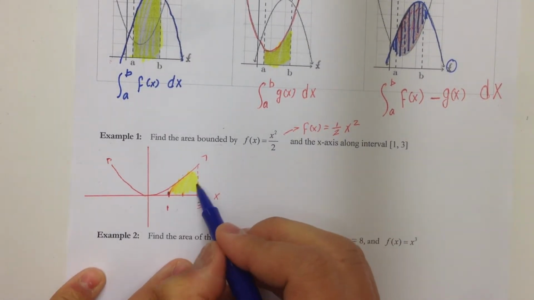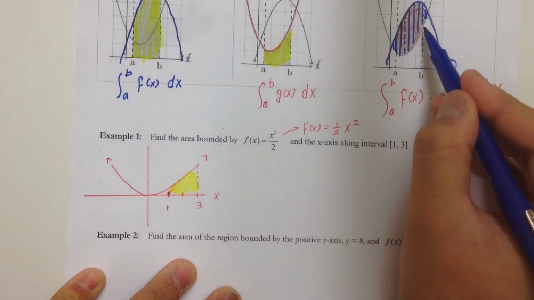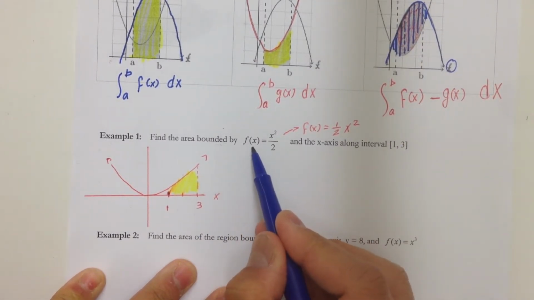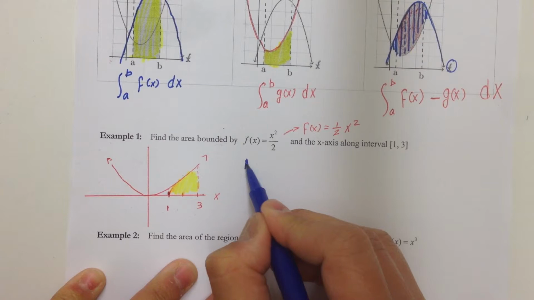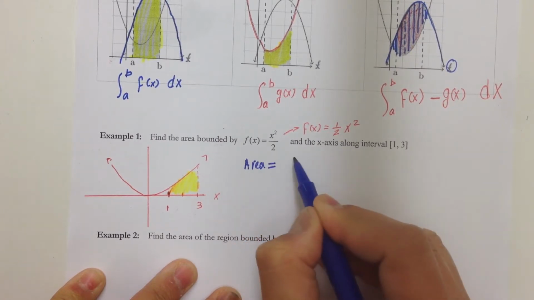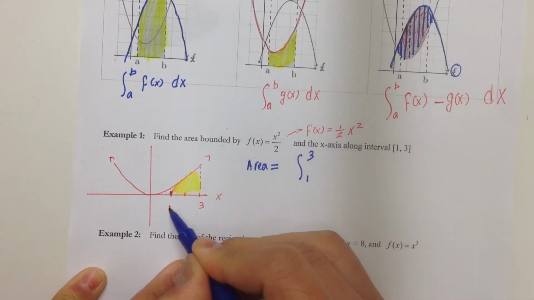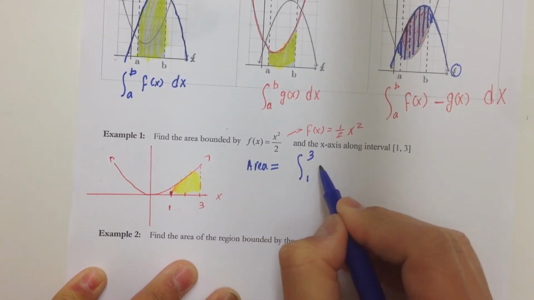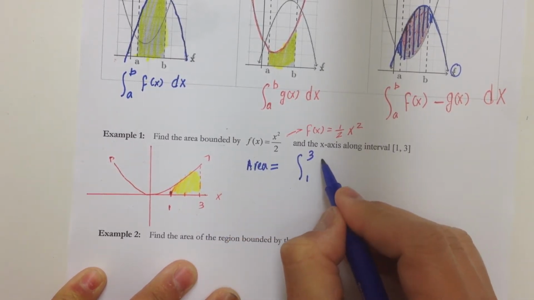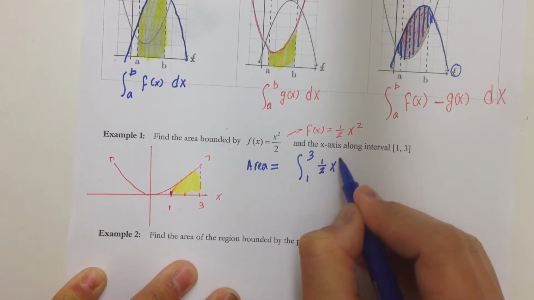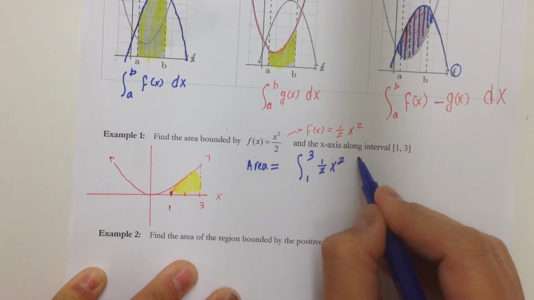Well, this area is not squeezed between two functions, it's just under the function f. It can be found by setting up an integral from 1 to 3 of the function, which is 1/2 x squared, dx.